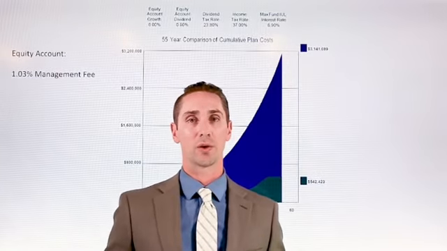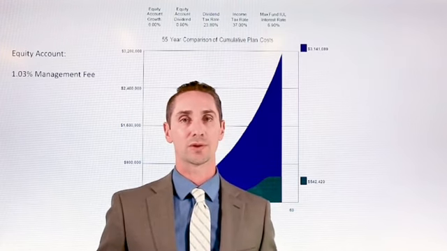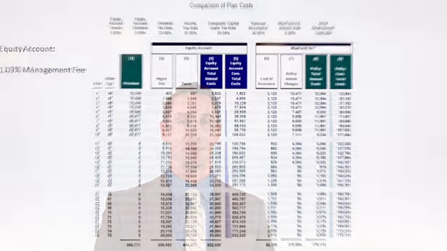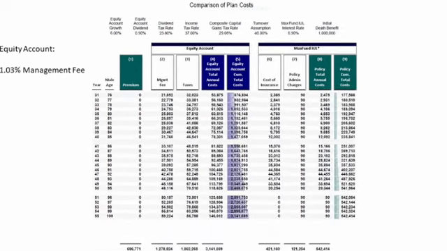Same contributions going in and the same 6.9% gross rate of return. And we can break it down between the management expenses at 1.03% of the equity account, the taxes, which are going to be based on the dividends and the portfolio turnover. We could also look at the expenses of the IUL as well as the cost of insurance.